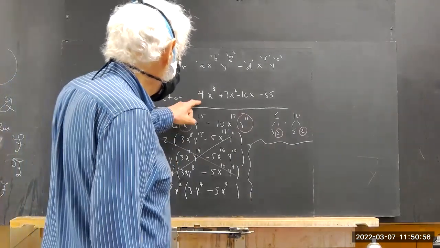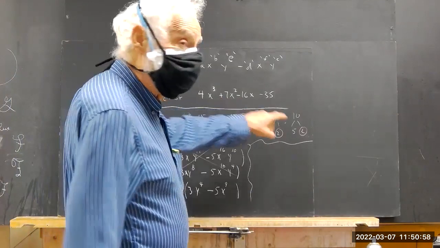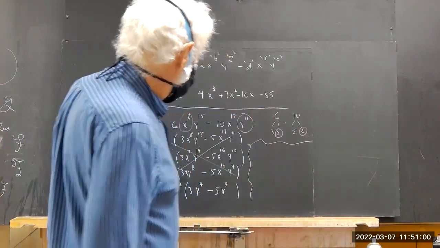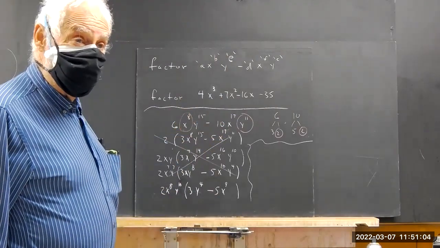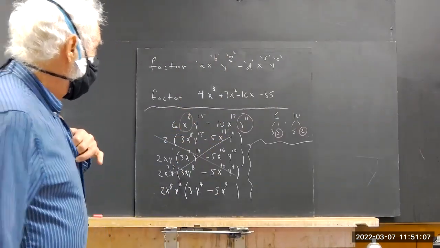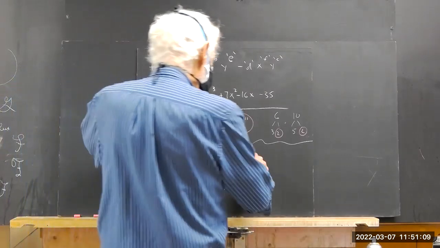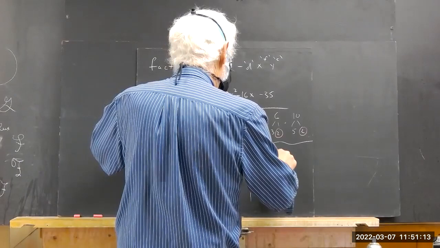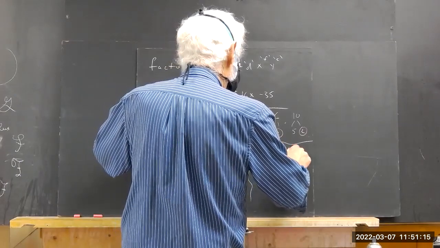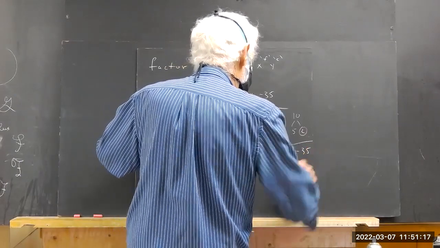But if you have a cubic polynomial like this, a third degree polynomial, if it factors, very often you see that it will factor by grouping. Look at this, we got 4x cubed plus 7x squared minus 16x minus 35.